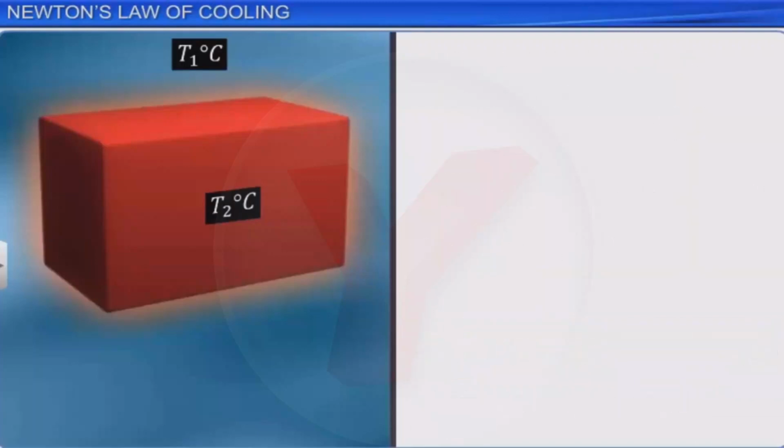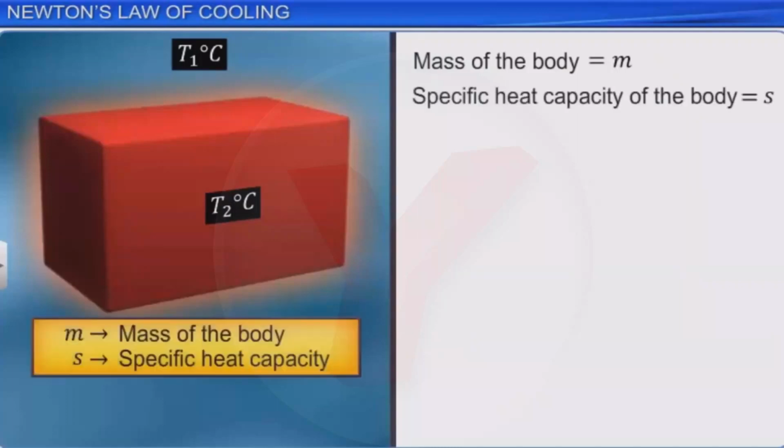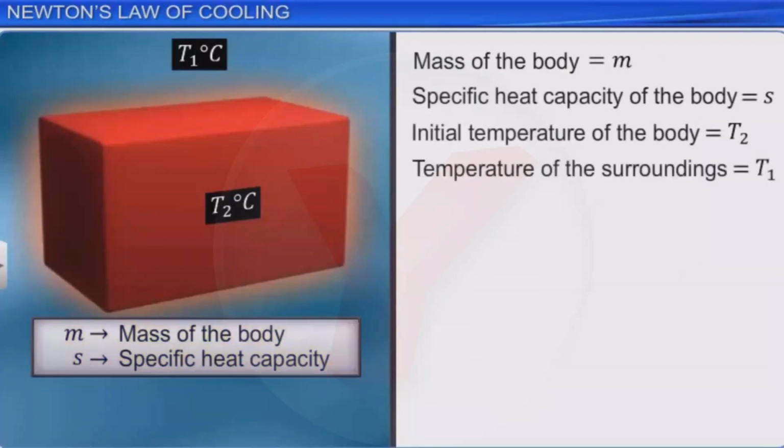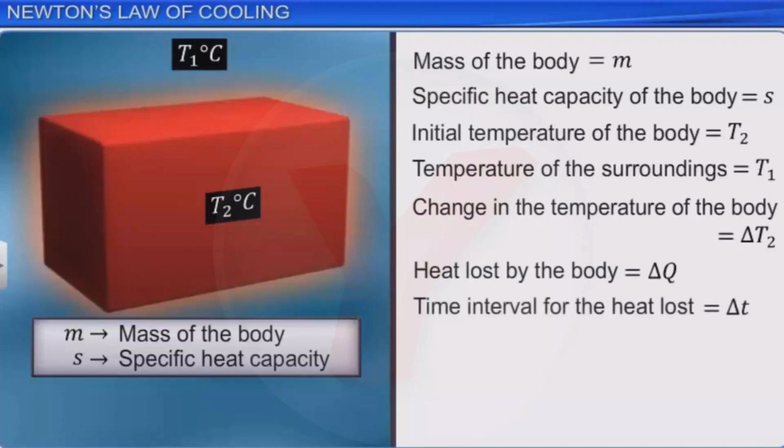Let the mass of the body be m, whose specific heat capacity is S, at an initial temperature T2, with its surroundings at a temperature T1. If the temperature of the body is changed by delta T2 because of a small loss of heat delta Q in a small interval of time delta T, then delta Q can be expressed as a product of m, S and delta T2.